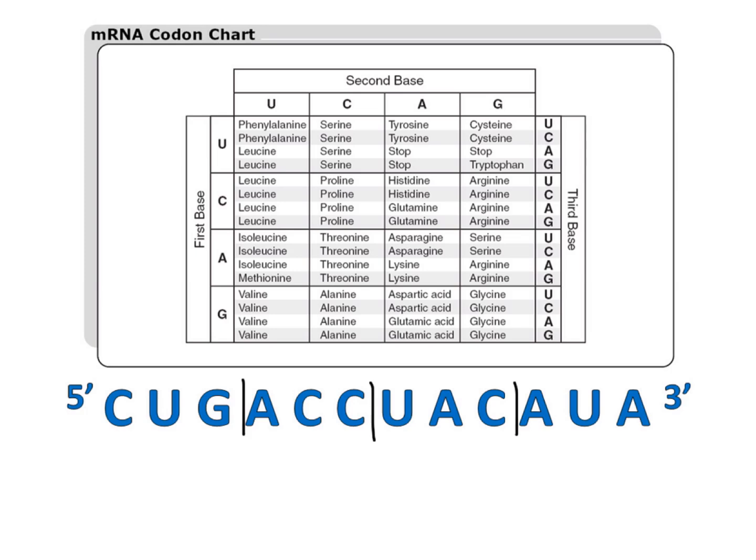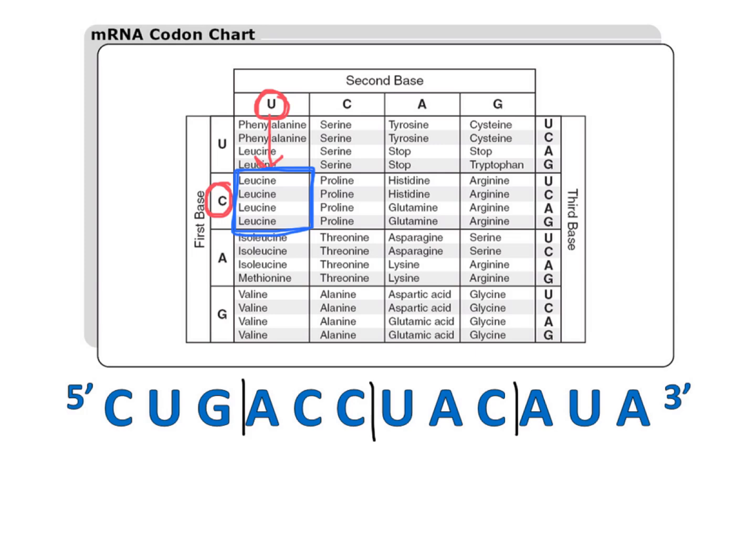My first codon is CUG, so I'll look at my codon chart. The first base is C, and the second base is U, and I use the first two bases to find the box. So it's in the C row and the U column, so that tells me that my answer is going to be in that box.